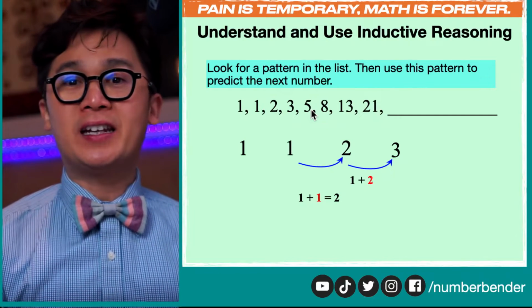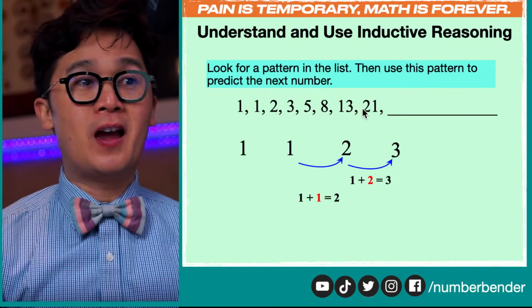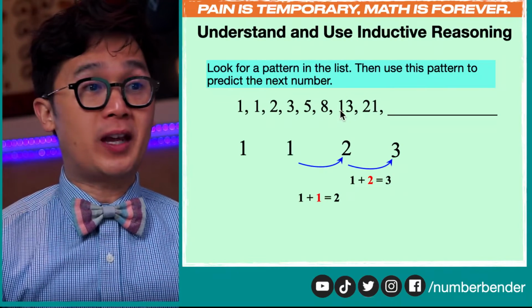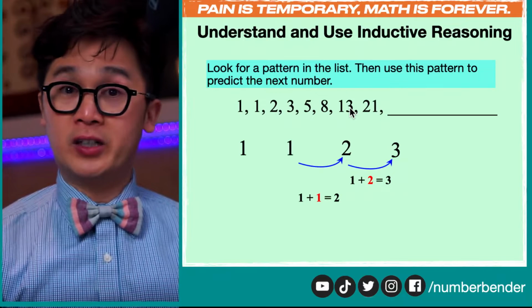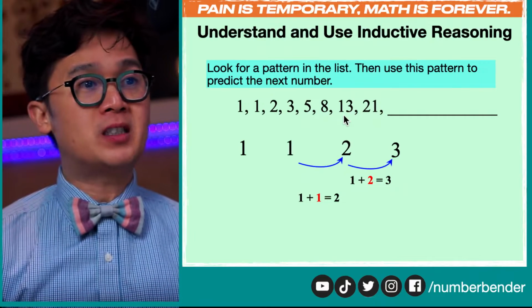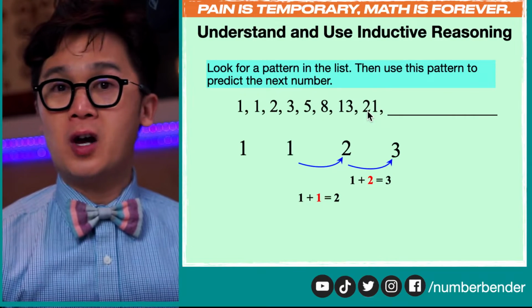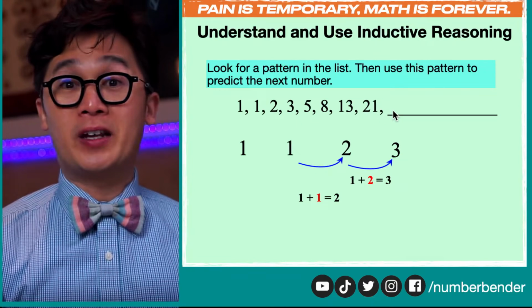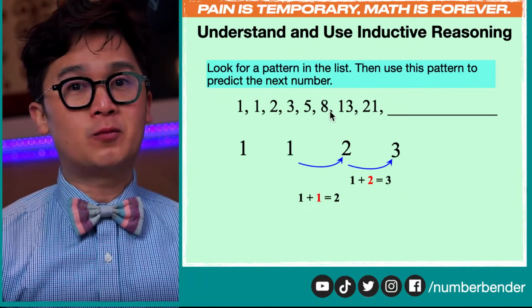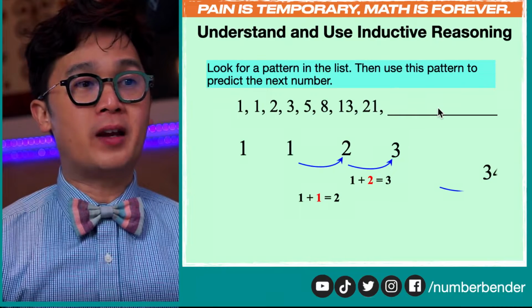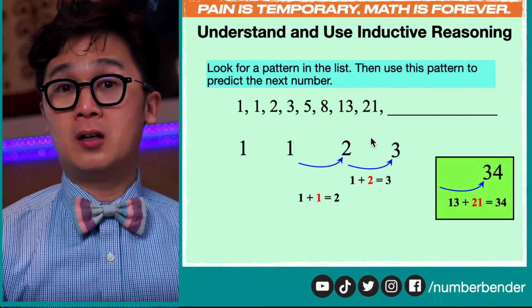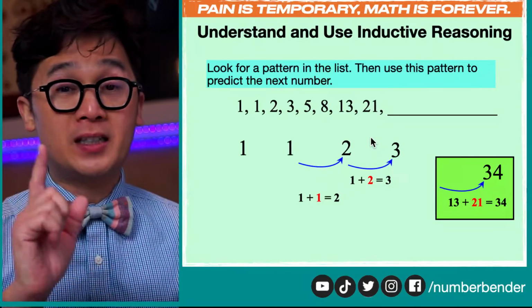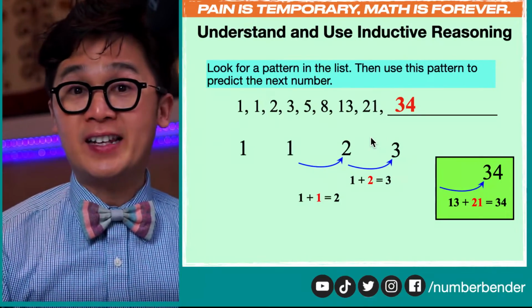So we're seeing that the pattern seems to work in the examples that we have. To go to 13, 5 plus 8 is equal to 13, which is still true. And 8 plus 13 is equal to 21, which means to get the number after 21, we can simply add 13 and 21, and it's equal to 34. That would be the number that we are looking for based on the pattern that we are seeing.